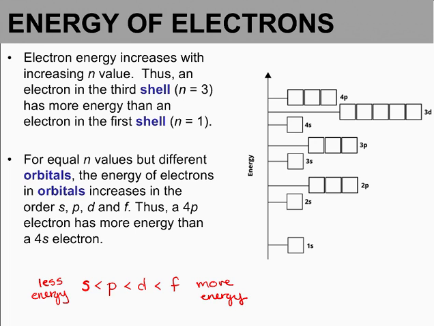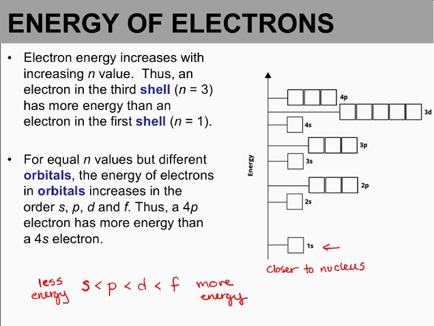So we get this energy diagram off to the right, and you can see that the 1s orbital is really low in energy. And again, that's because it's closer to the nucleus. So the closer an electron is to the positively charged nucleus, the more stable it is, and the less energy it has.